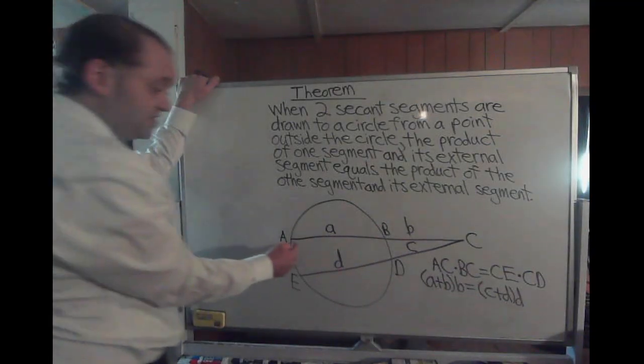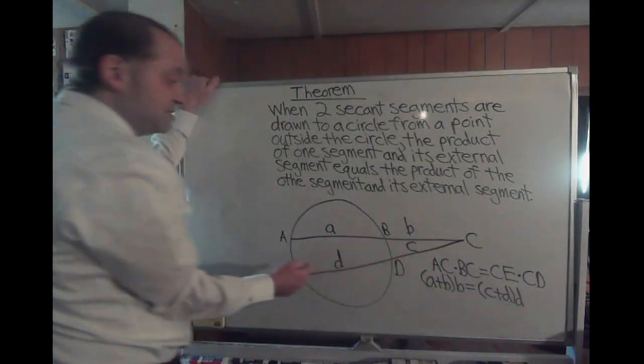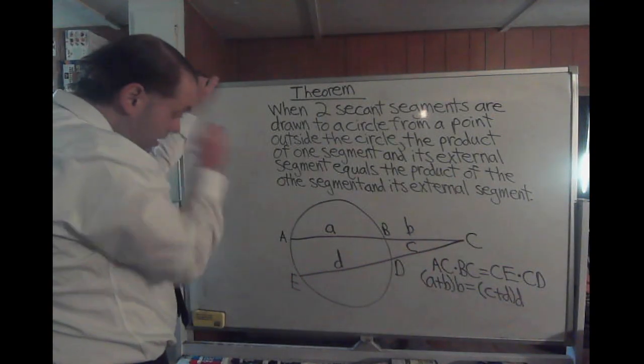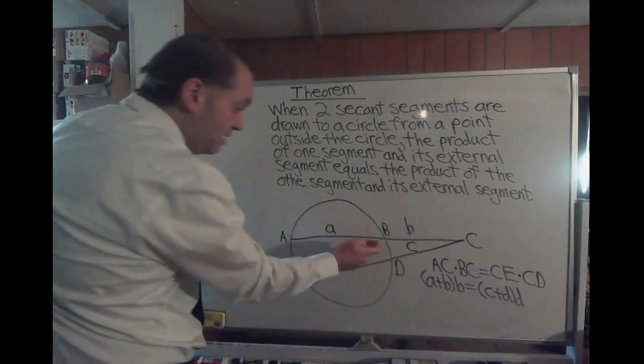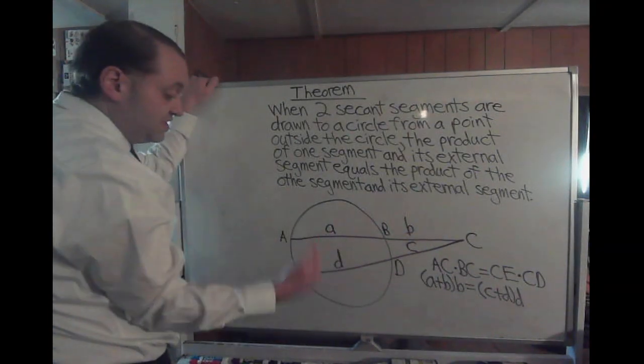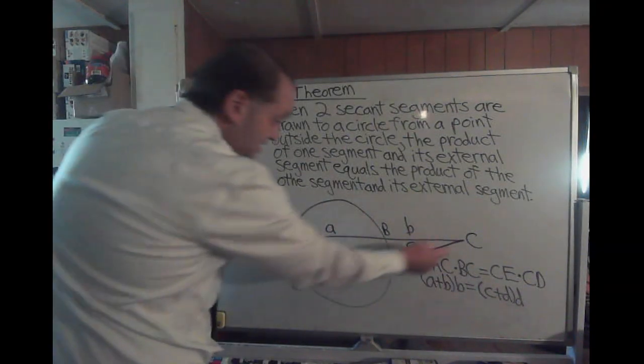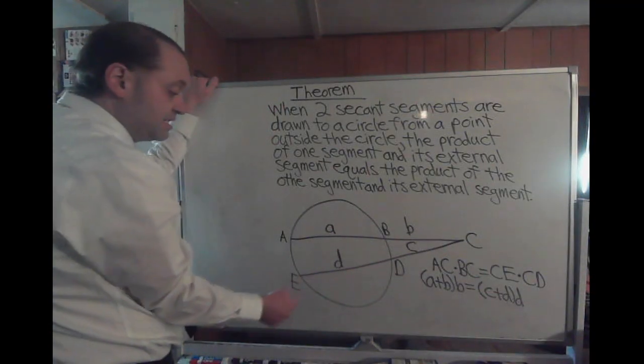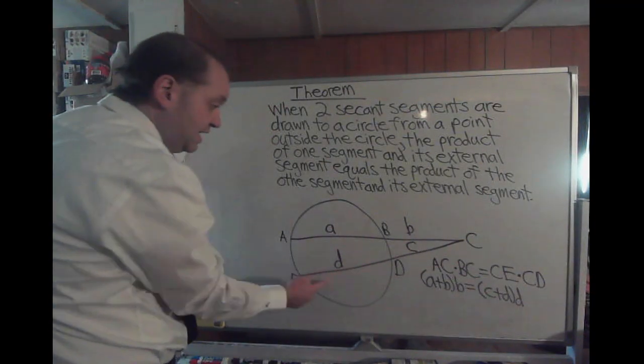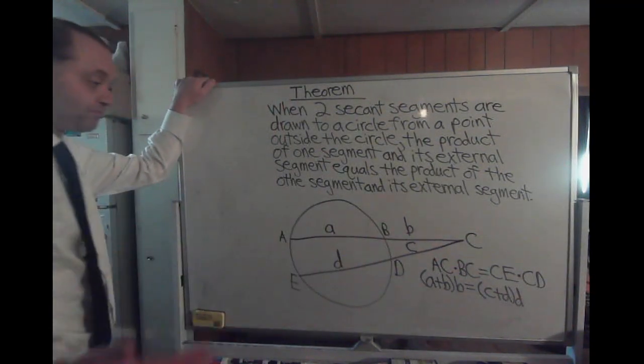So you have secant line AC, which is split into, of course, segments AB and BC, and then you have secant line EC or CE, however you want to say it, split into DE and CD.